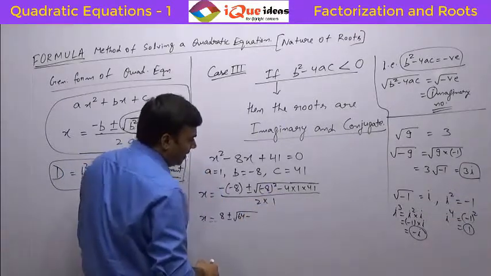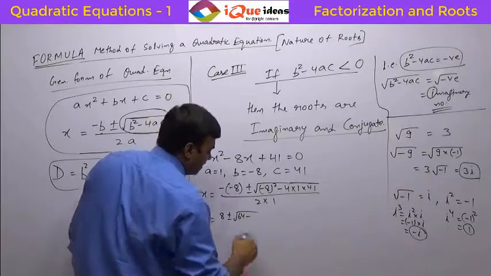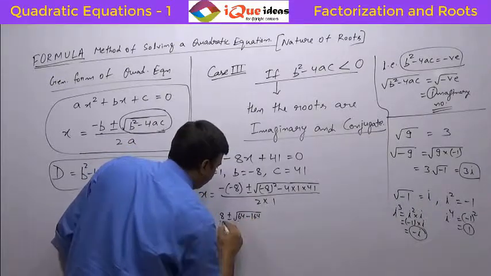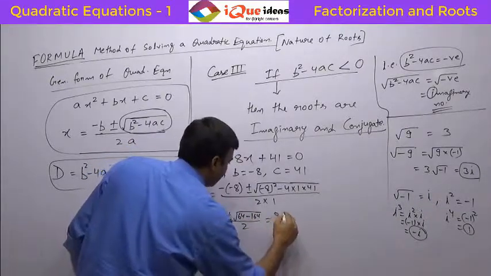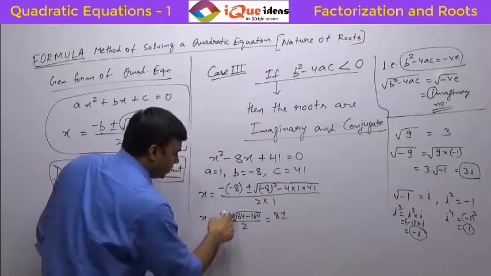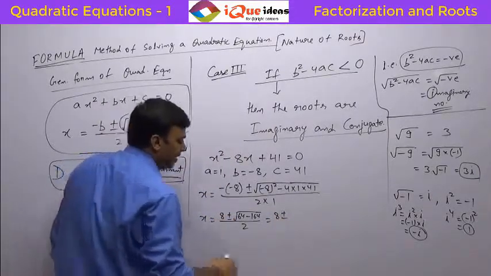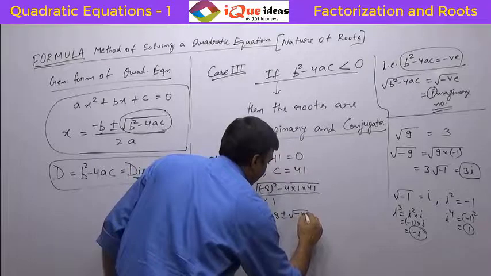Now 4 into 41 is 164. So it is 8 plus minus 64 minus 164, which is minus 100. So it is square root of minus 100.